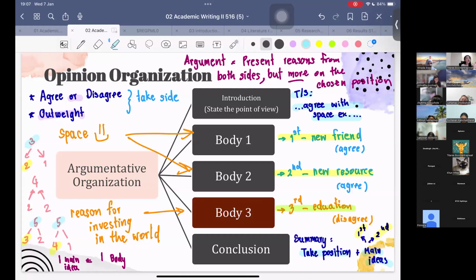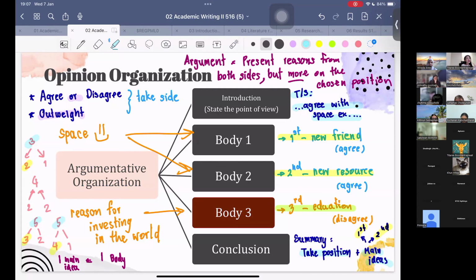Yes, that's possible. Or maybe your word limit requirement is high, so the number of paragraphs might increase because you have a high requirement to match. That is possible. It doesn't have to be 3. It can be more, it can be a little less for illustrative. But for argumentative, I think the minimum would be 3. Yes.